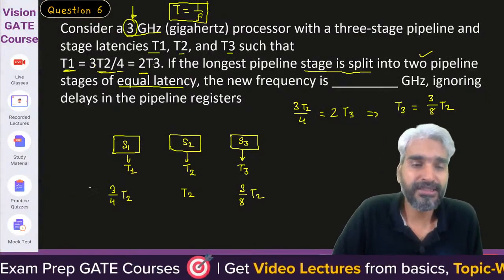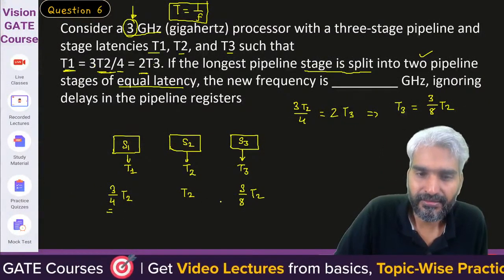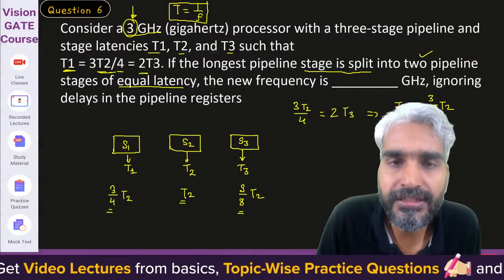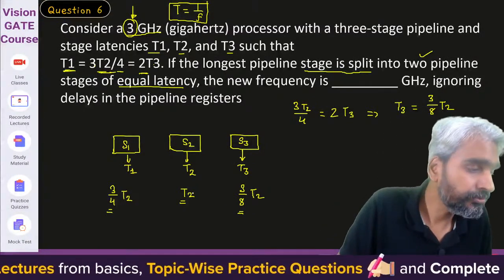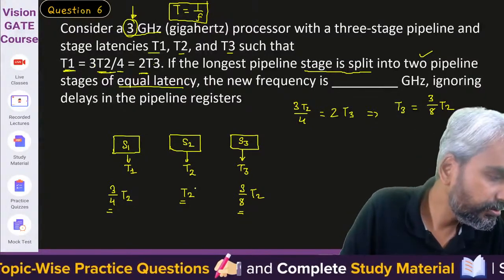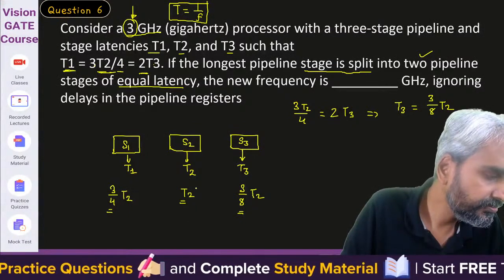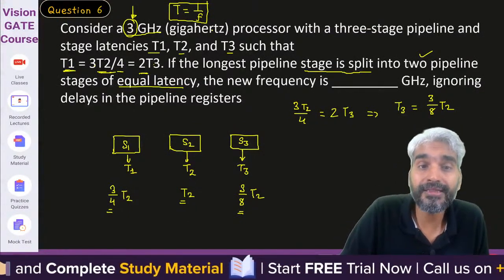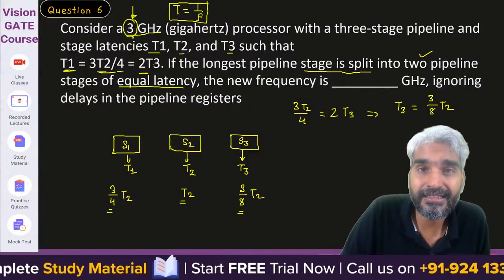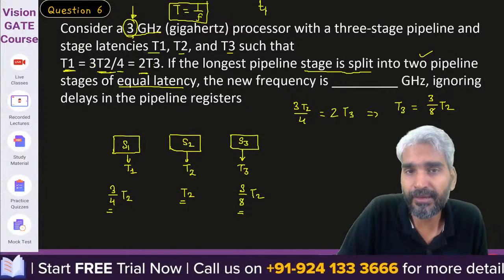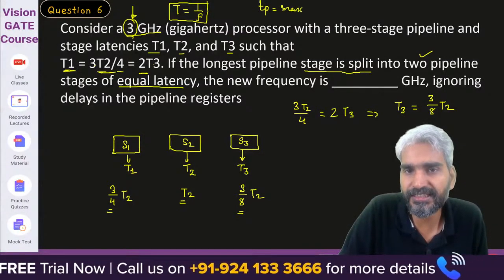Clear? So you can actually see this 3 by 4 is less than 1, and this 3 by 8 is also less than 1. And this T2 is the maximum. So once you know that this T2 is the maximum value, then this 1 upon 3 gigahertz will be with respect to this T2, because we know that TP, or the cycle time of the pipeline processor, is max of stage delay.